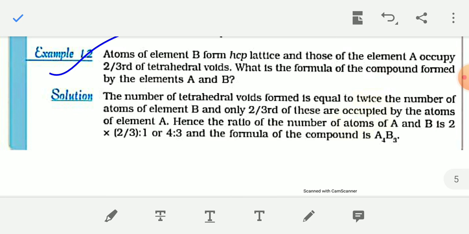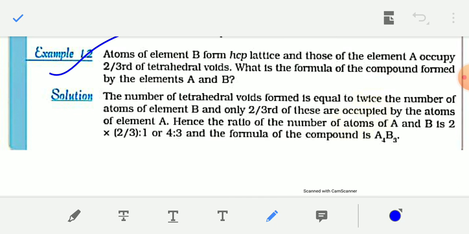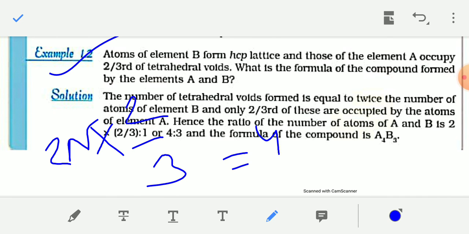Sorry, the total number of tetrahedral voids is 2n, so the number of A atoms will be 2n into 2 by 3, that is 4n by 3, and the number of B atoms is n.